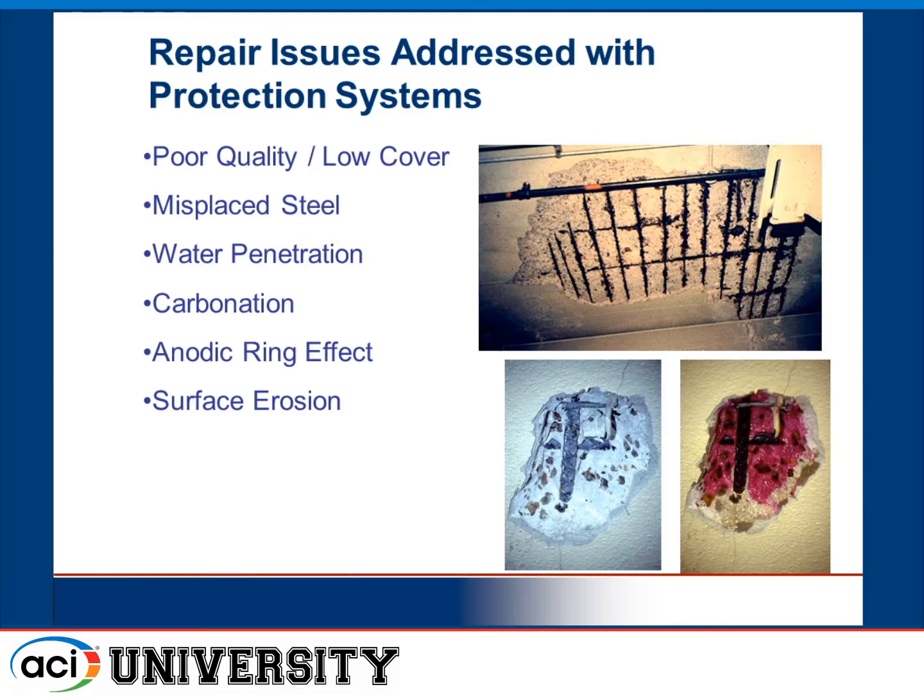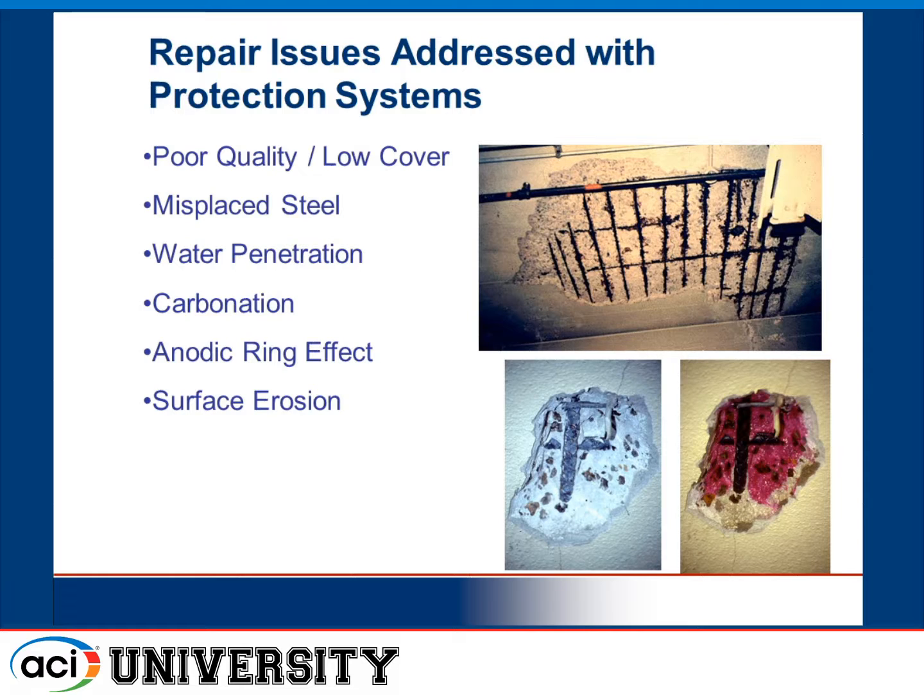We use a solution called phenolphthalein, which is a chemical indicator. It changes color when it reaches a pH of around 10. And what you can see right here is that this area that is clear is carbonated, and the area in red is not yet carbonated. This is an indicator that the carbonating front is actually penetrating from the surface towards the interior of the concrete.